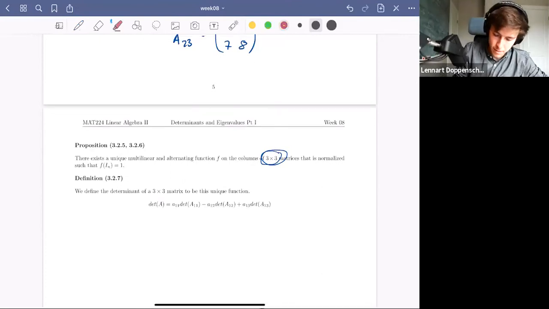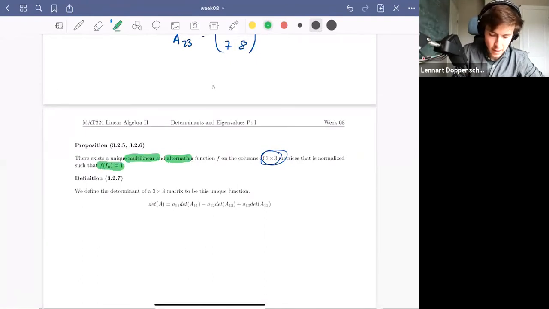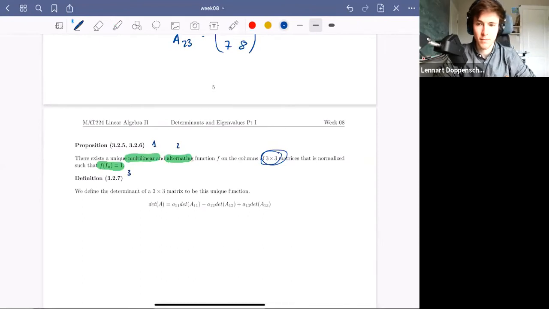Remember, it was multilinear, so that we can separate them out if there's a sum of 2 columns. It's alternating, and f at the identity matrix evaluates to 1. Those are the 3 things on our wish list: 1, 2, and 3. And it turns out there's only one such function.